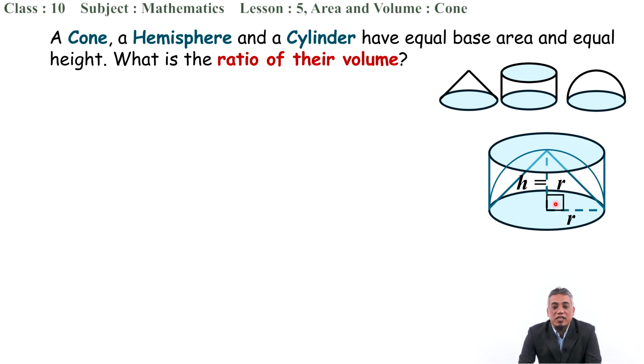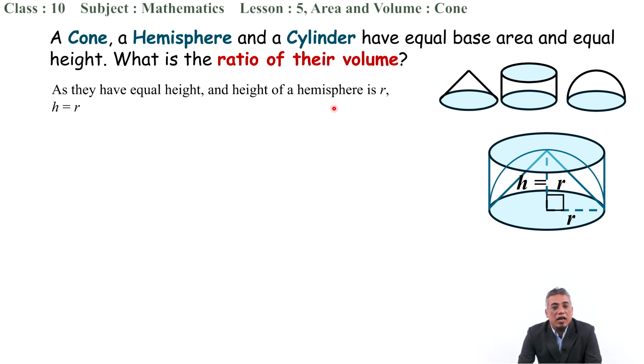Yes, that's why when we take the same height for all three shapes, it means height equals radius. As they have equal height, height of hemisphere being radius r, this height is radius r. That's why we get h equals r.